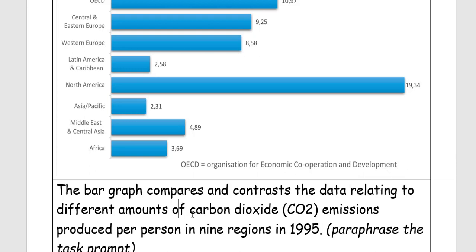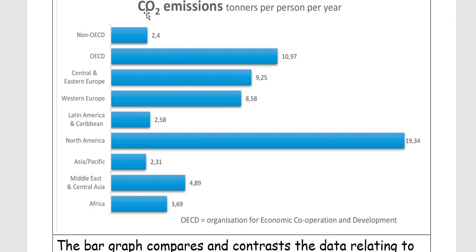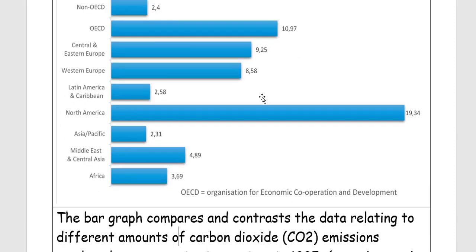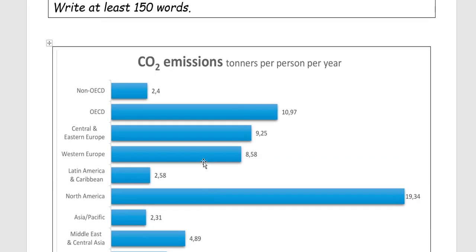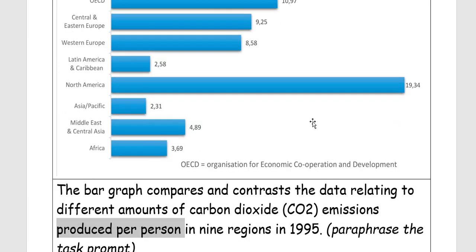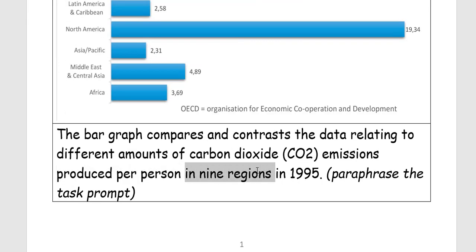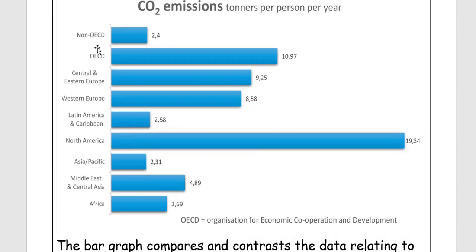Different amounts of carbon dioxide, CO2. Okay, so here we have CO2 emissions. So we have just paraphrased it. Produced per person. Okay, so here we have tons per person per year. Okay, in 9 regions, and here we have 9 regions.